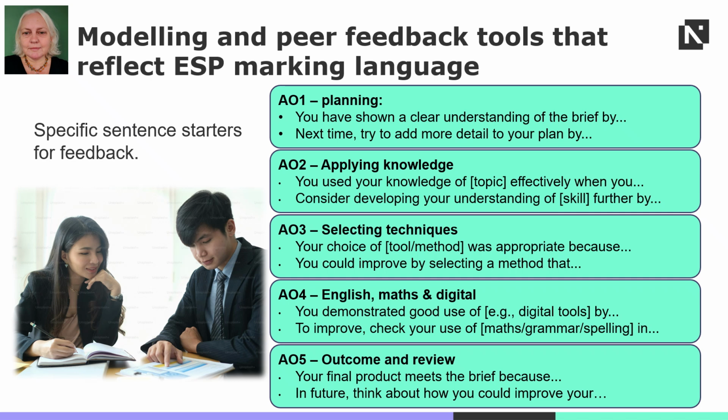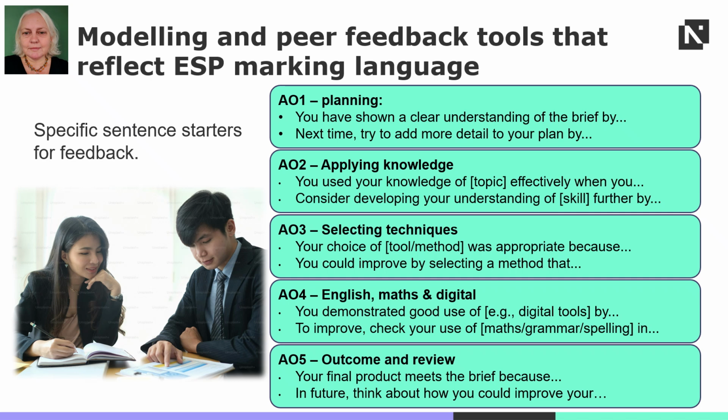So some examples here for AO1. For the planning section, a sentence starter could be, you have shown a clear understanding of the brief by, and then the students could give their peers a suggested area of strength taken from the student-friendly marking grid on the previous slides.